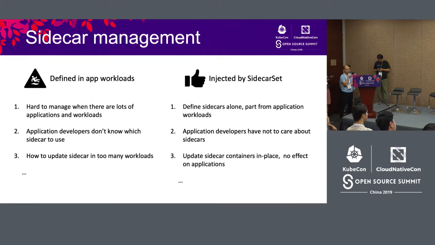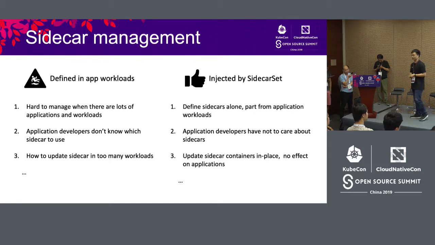So to cater to this problem, we developed a lightweight development tool. It does a very simple thing. It separates the container upgrade from other components' upgrade. So with the sidecar set, the app maintainer only needs to define and maintain the mirror image of the application.